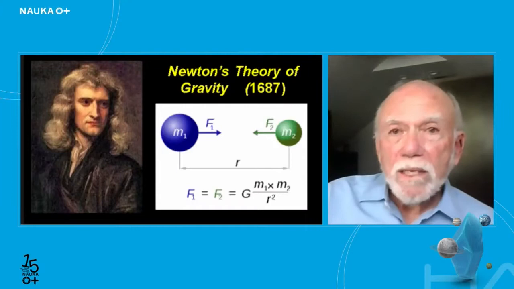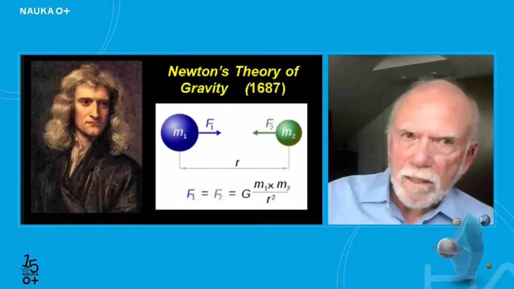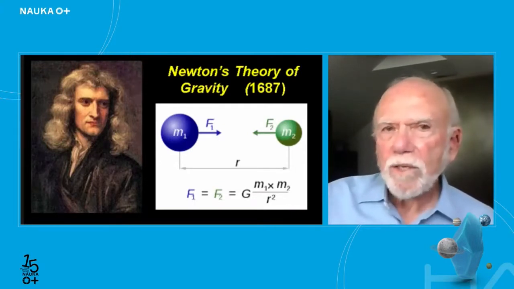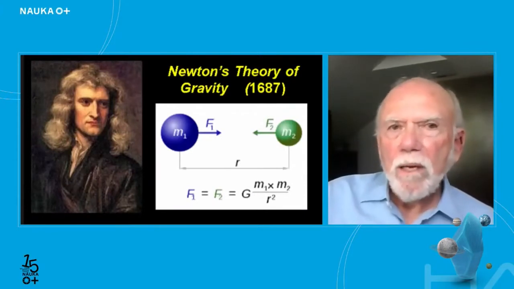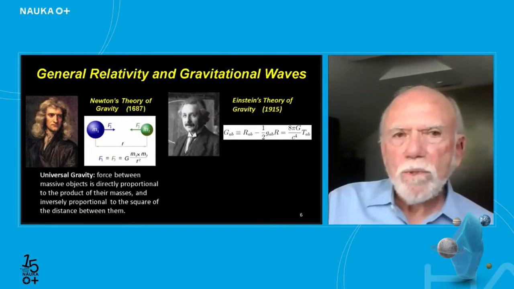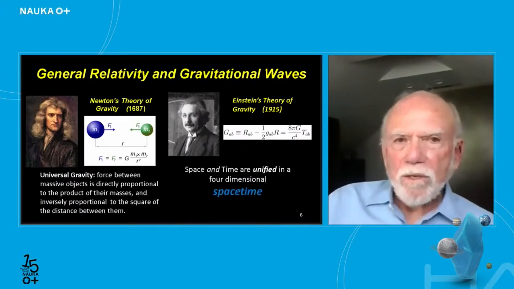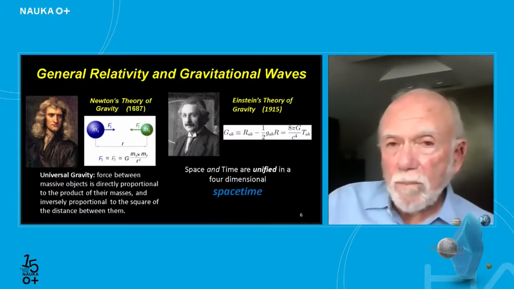I'll show you why we needed a new theory of gravity. It doesn't mean that Newton's theory was incorrect, but it means we have to look at gravity in a more sophisticated way to describe certain effects that Newton's theory could not describe. So Newton's theory is basically based on the formula that I wrote, while Einstein's theory is a theory of geometry.